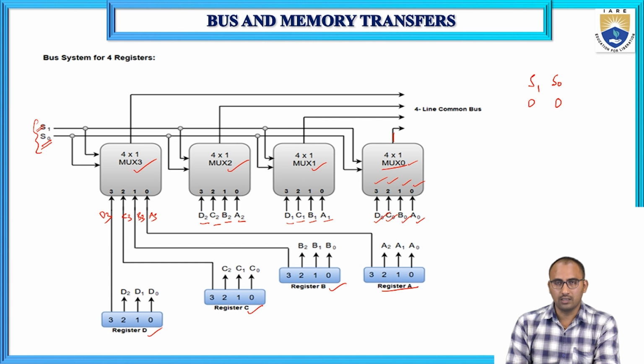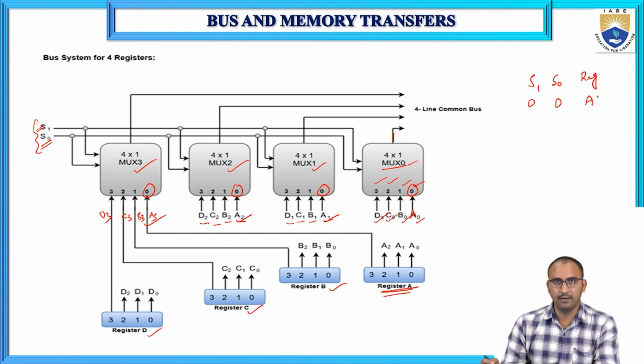Then I0 of the multiplexer will be connected to the output. What is I0 here? This one. So I0 of every multiplexer is connected to A0, A1, A2, A3. That means register A is selected.